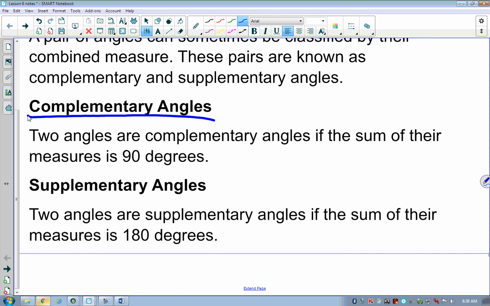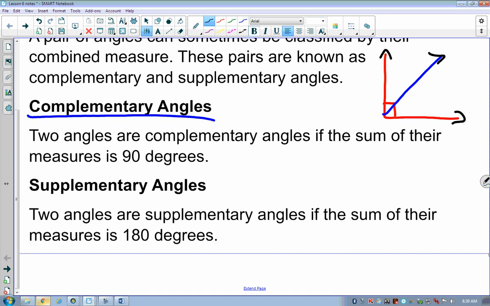Okay? So if we were to look at them visually, we'll take something like this. These two angles that we have, let's go ahead and label some parts here.